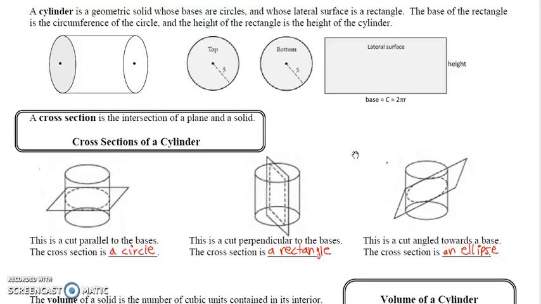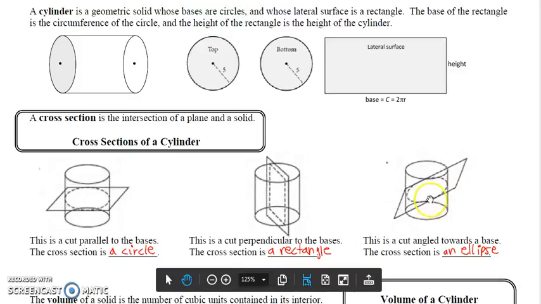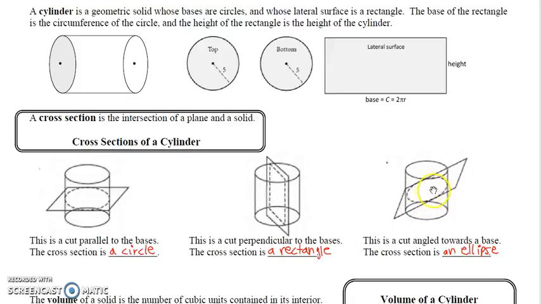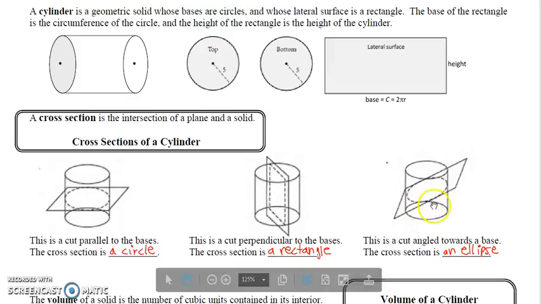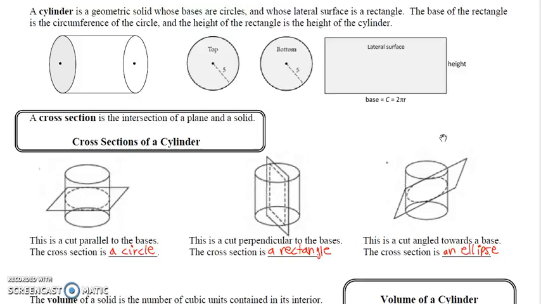If you cut diagonally through a cylinder like this, the cross section you create is kind of like a stretched out circle. It's not the exact same circle as when we were parallel to the base. It's like a stretched out circle, kind of like an oval. We call that an ellipse. So these flat surfaces that get revealed when you chop away part of the 3D object are called cross sections.